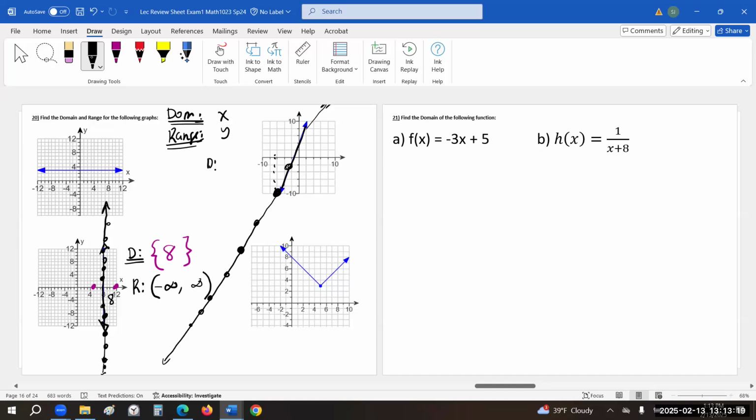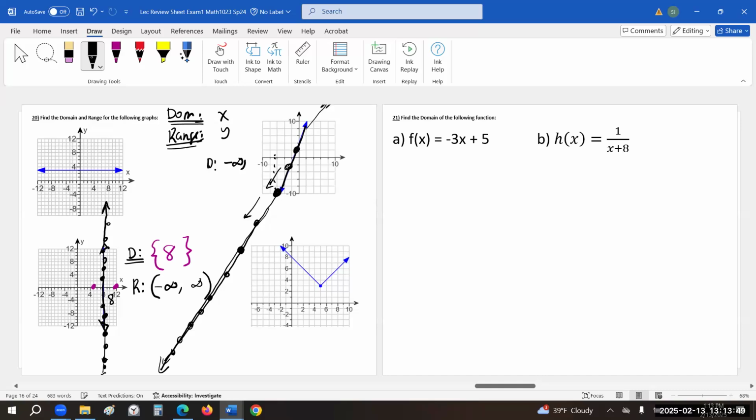Every point means you have an x and you have a y. So the more the line is going downward, we still have our x values, but what is happening to the x values? Are they getting bigger or are they getting smaller? Smaller. They're getting smaller and smaller and smaller. So what is the smallest x value we get? Negative infinity. Similarly, the line is going upward forever.